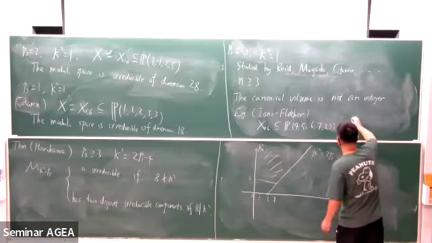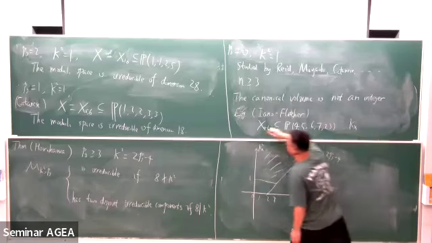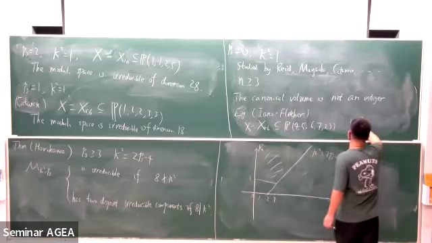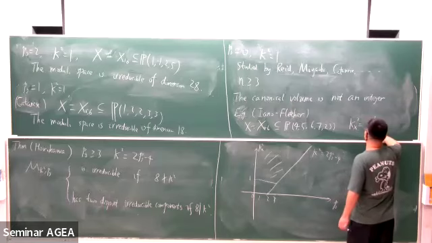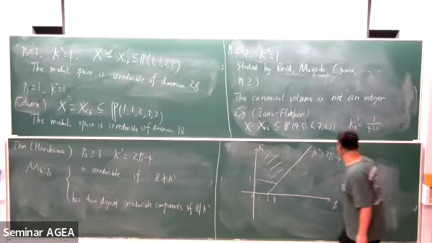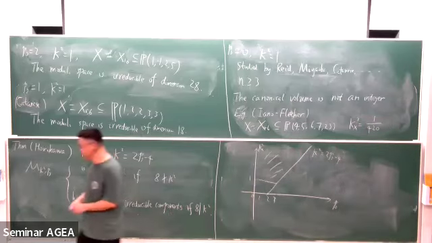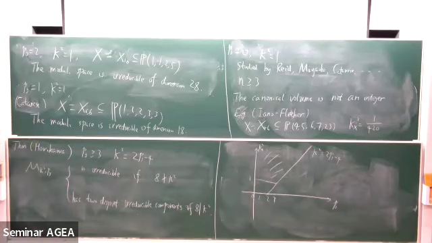You will find that the canonical volume is 1 over 420. So it is very small.